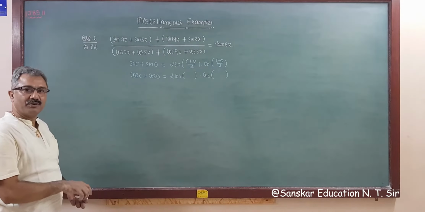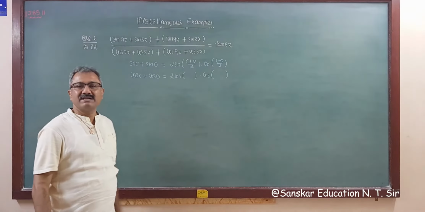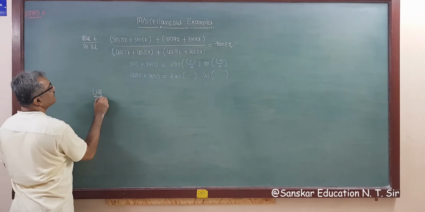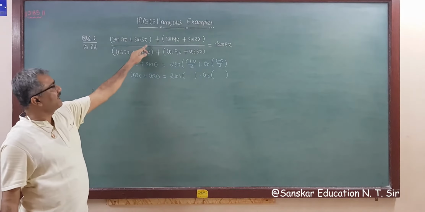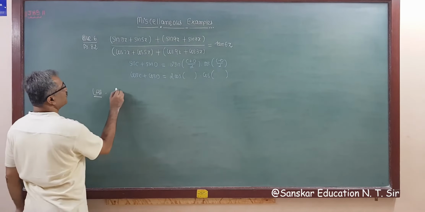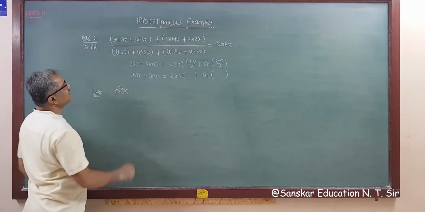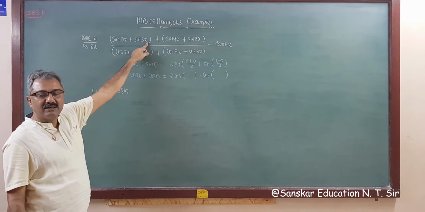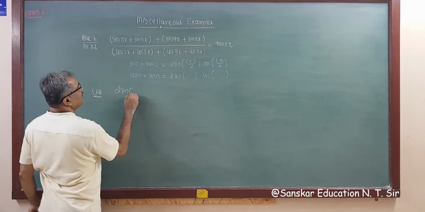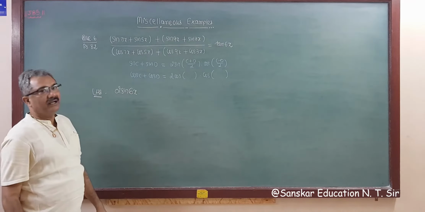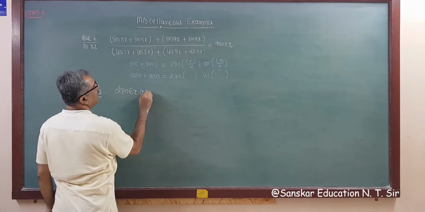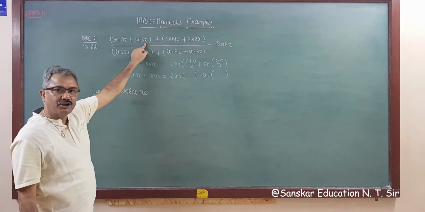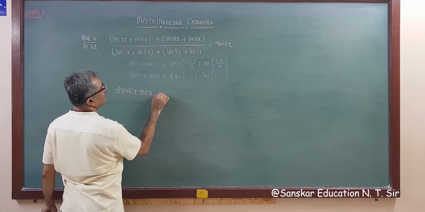That is the same thing, so I am not writing the brackets (C+D)/2 and (C-D)/2 again. Applying this formula directly, the left hand side: sin C plus sin D is 2 sin((C+D)/2), that is 7x plus 5x, 12x, divided by 2 is 6x, so 2 sin 6x into cos of (7 minus 5 is 2x, divided by 2) x.